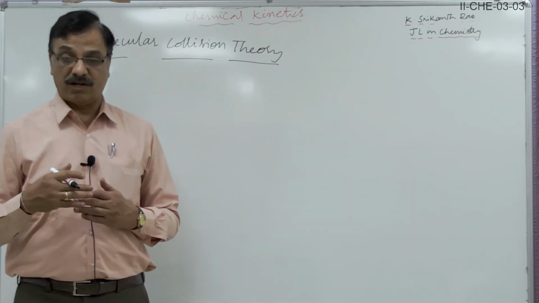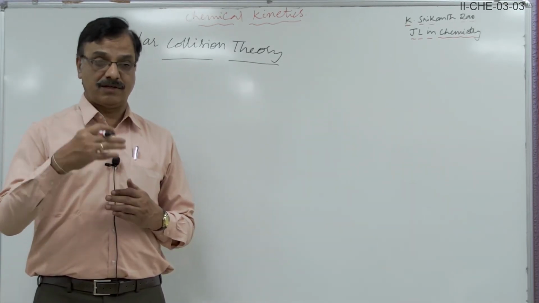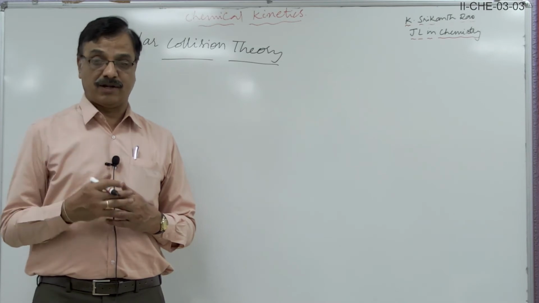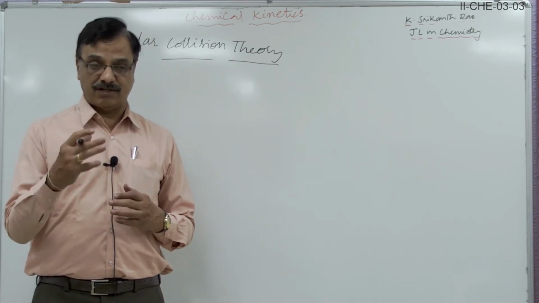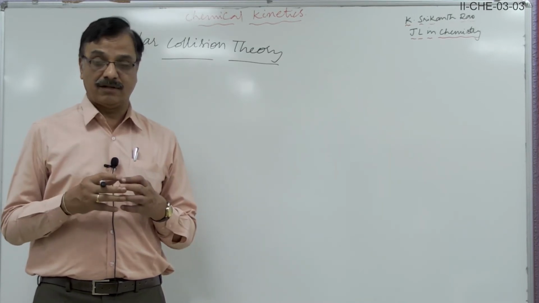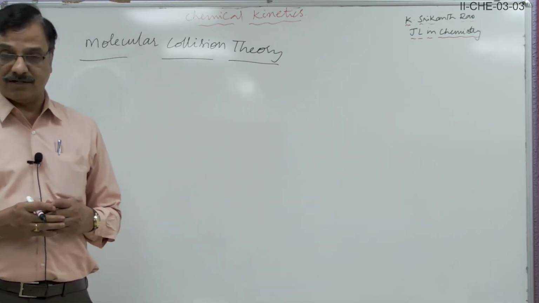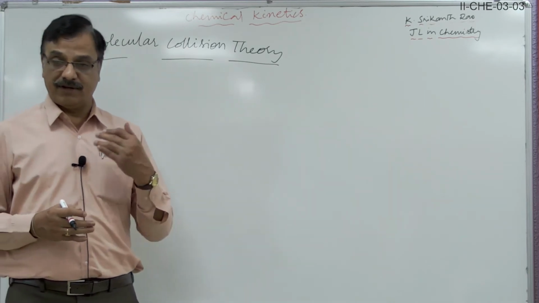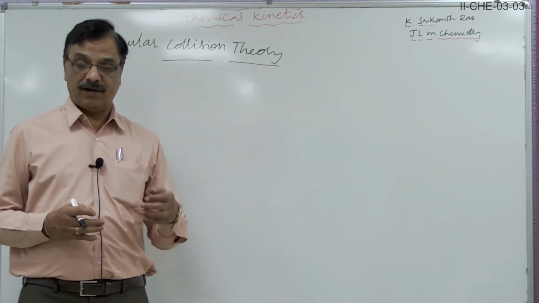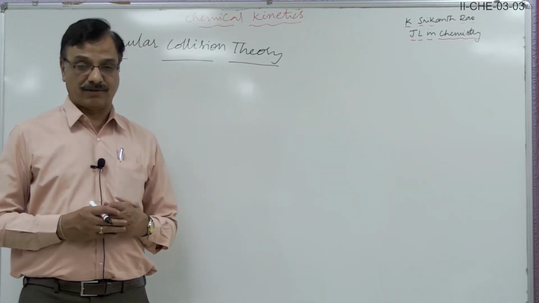They require more energy so that they reach the threshold energy. If they reach threshold energy and collide with each other, then the products will be formed. So the threshold energy is equal to the energy of the activated molecules minus the energy of the normal molecules.